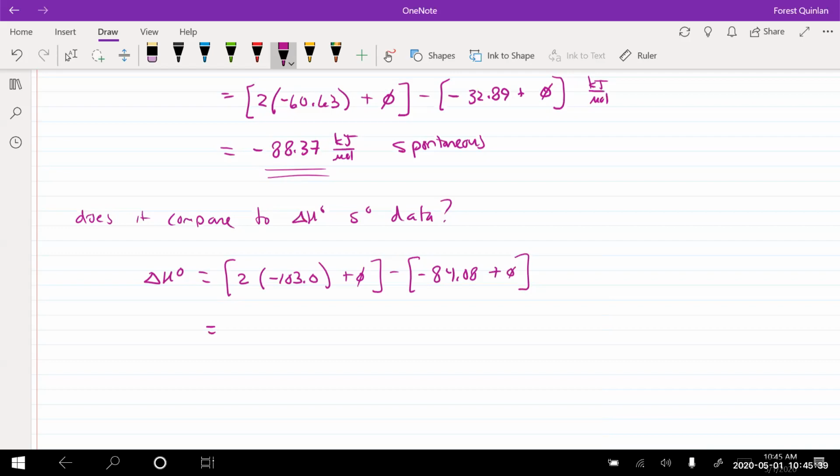And we find out that it's negative 121.92 kilojoules per mole, because we got to remind ourselves that was kilojoules per mole, which means that it is exothermic. And as far as this portion is concerned, that's a favorable interaction.